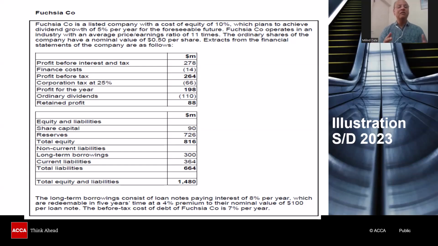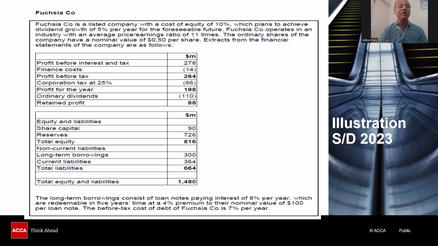Here in this case, there is an opening para that provides you some details about the cost of equity of the company, the dividend growth of the company, and also the industry within which it operates, having some average price to earnings ratio and the nominal value per equity.